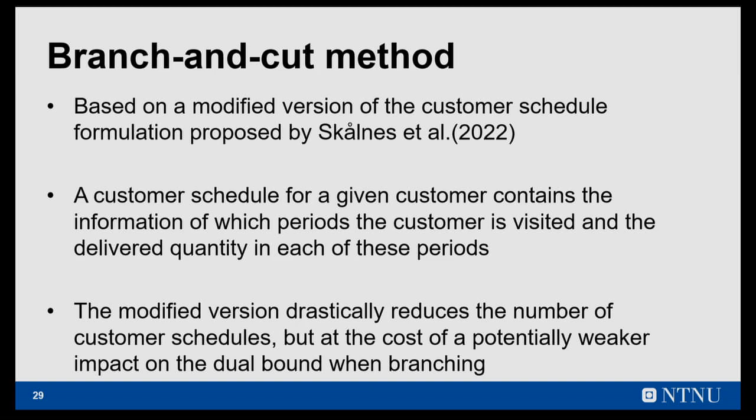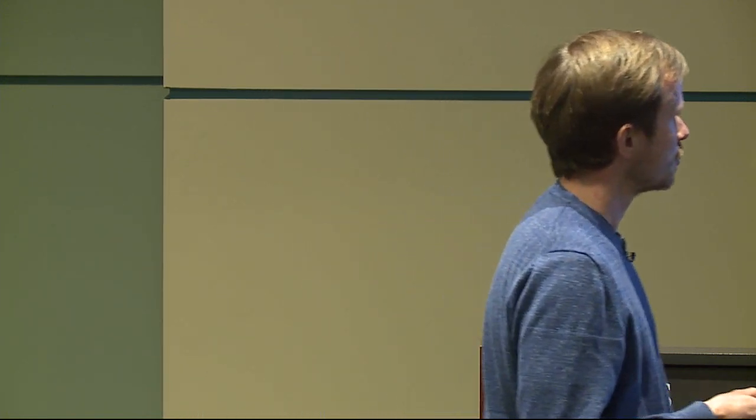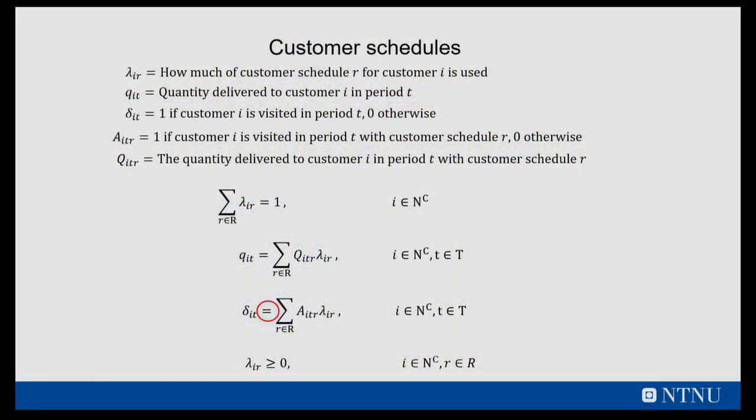Then we can get an interior point representation where we take convex combinations of these customer schedules to represent the feasible region. The modification we did on this formulation is very subtle, but it drastically reduces the number of customer schedules at the cost of potentially weaker impact on the dual bound when branching. I think I'll skip through that now. We can come back to the details if someone is interested. But the detail is changing the equality sign of a set of constraints to greater than or equal.